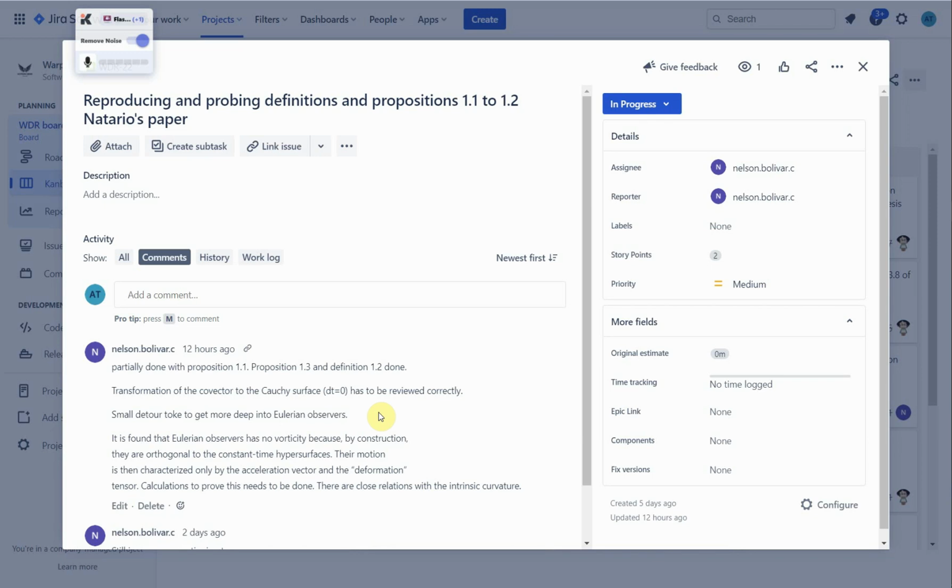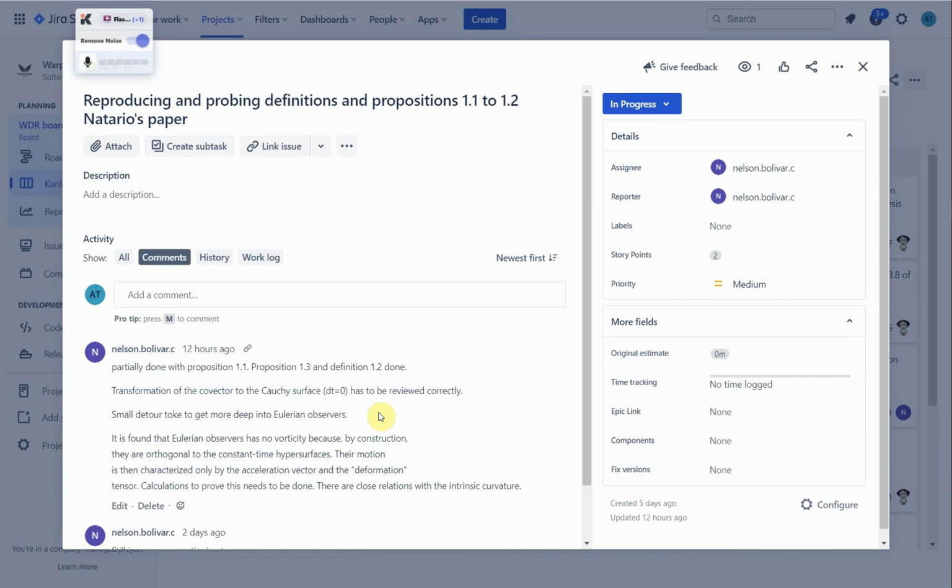But he made an implementation for a very specific case, in fact. So now what I'm doing is reproducing Notarios, which did pretty much the same, but in a more general and more mathematically structured way.